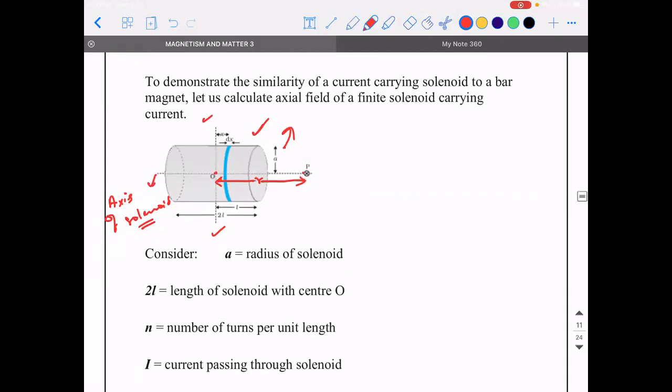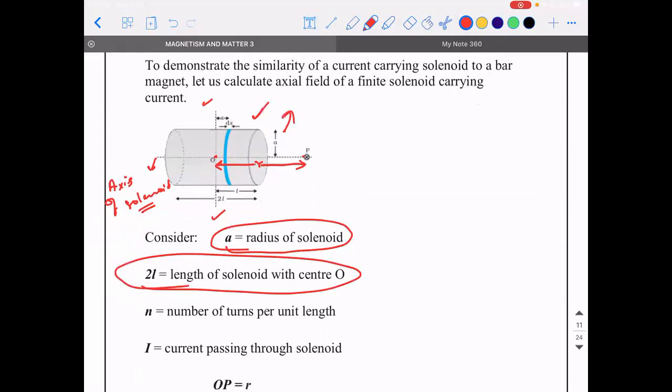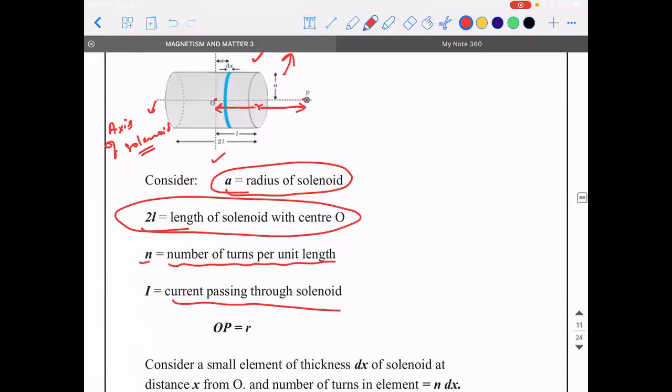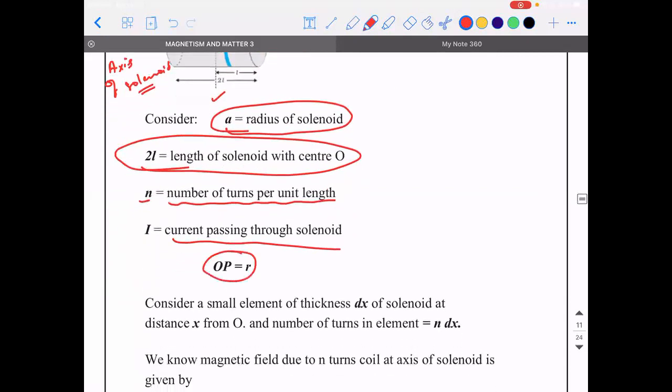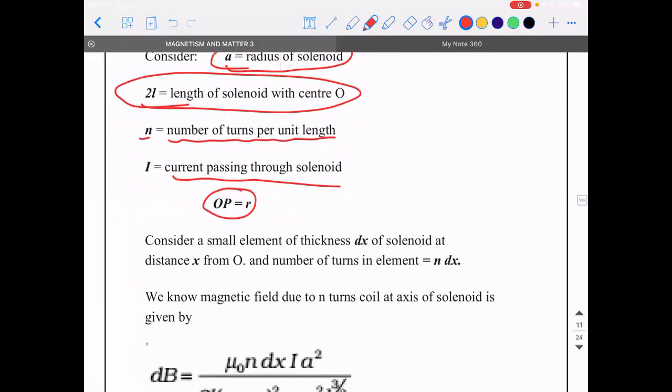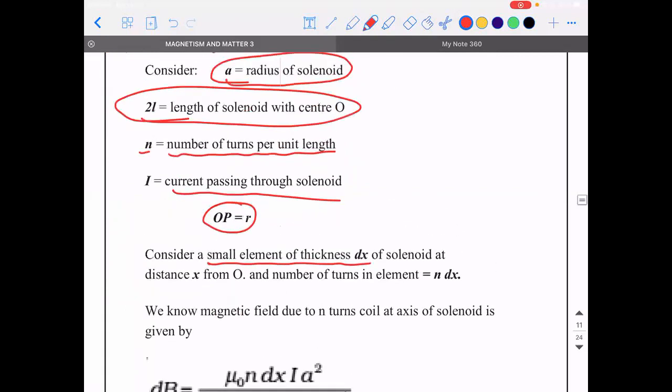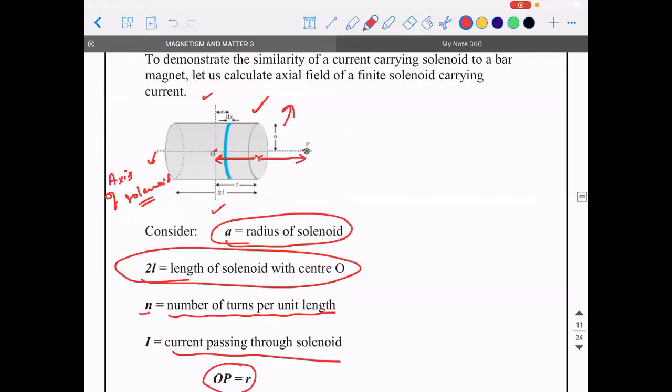Now let's say A is the radius of the solenoid, 2L is the length of the solenoid with center O. If you take small n as the number of turns per unit length and I as the current passing through the solenoid, then we can take OP as R. Next, we will consider a small element of thickness dx of the solenoid at a distance x from the center.